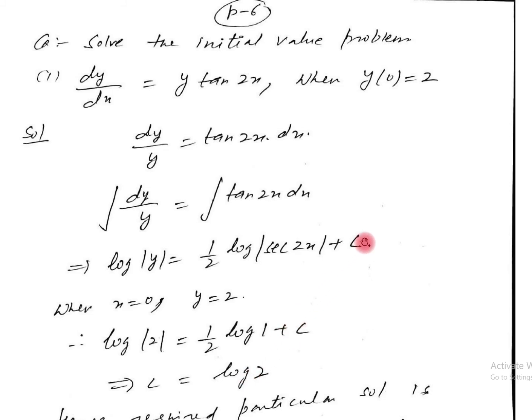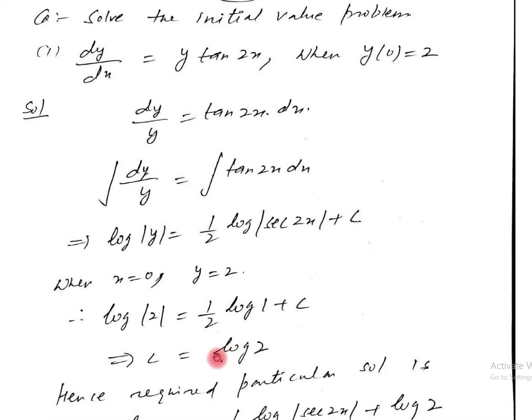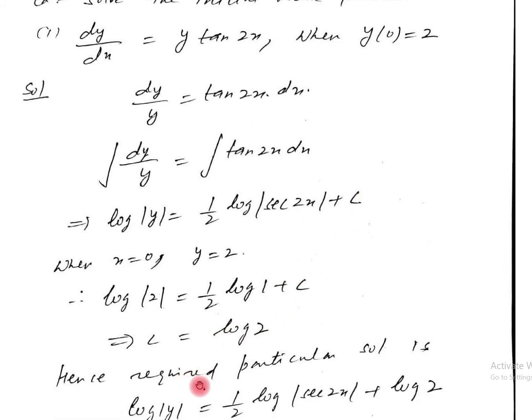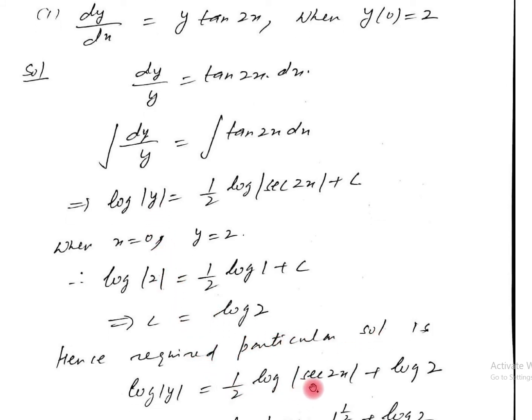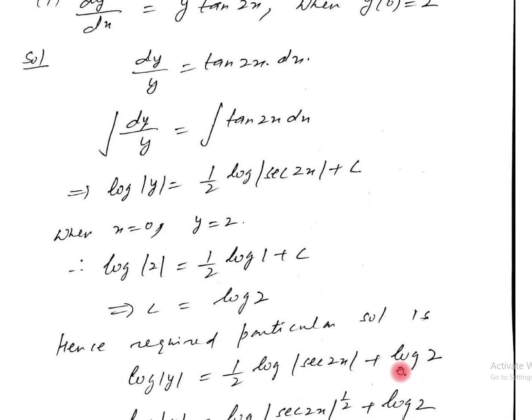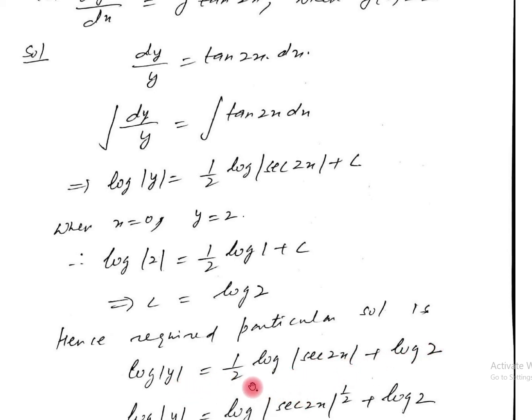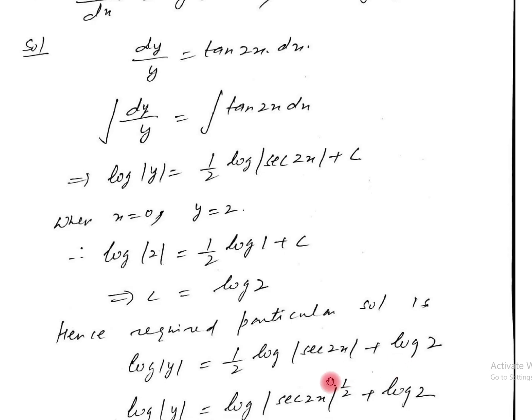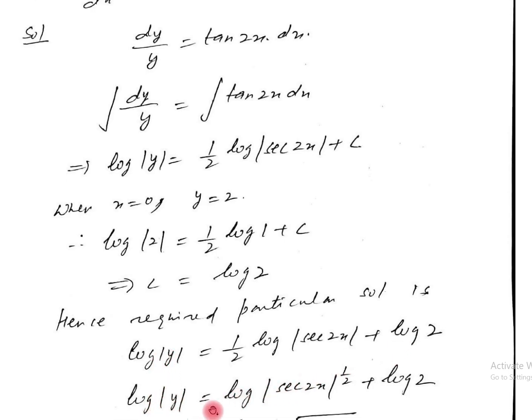Now putting the value of c here, the required particular solution is log y = 1/2 log(sec 2x) + log 2. Now we have log in all the terms, so we can easily combine them using the properties of logarithms. Then it becomes log y = log((sec 2x)^(1/2)) + log 2.